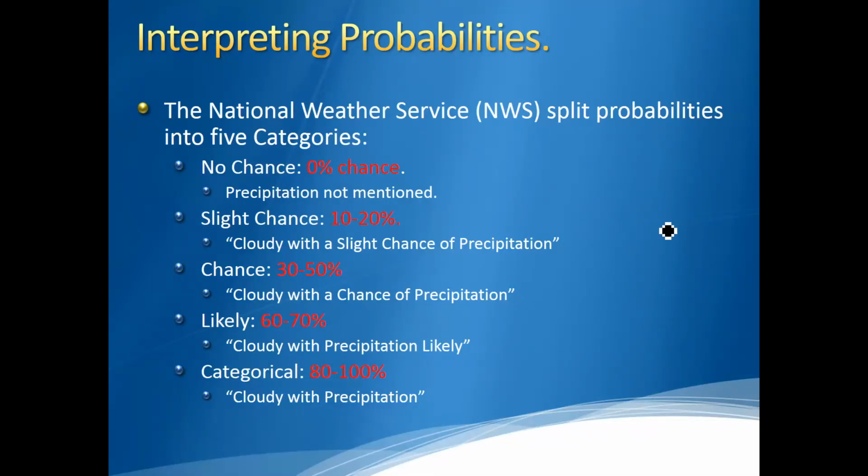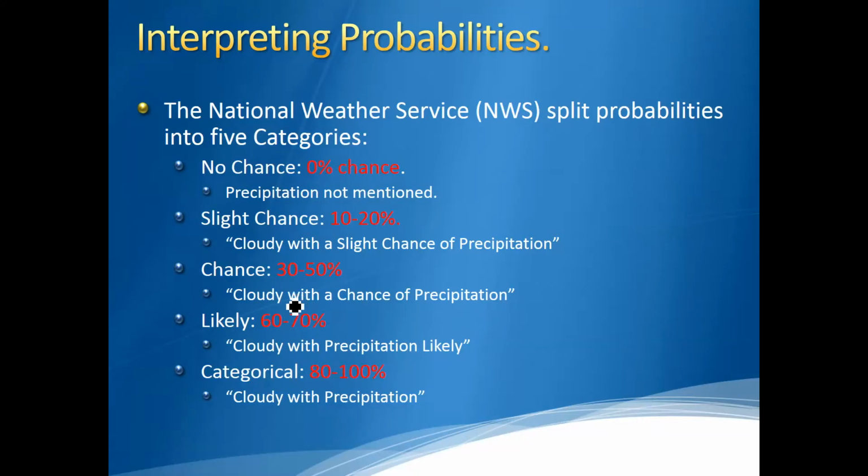Then a 30 to 50% chance is what we call a chance of precipitation. In this case, there's a formidable possibility that we're going to get some kind of precipitation. At this point, I would start considering it in my day-to-day plans.